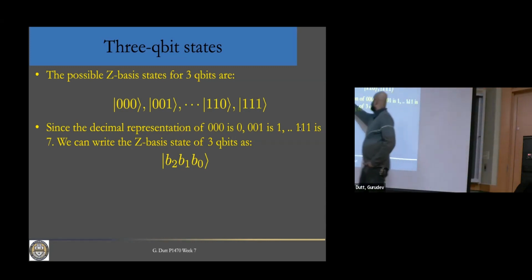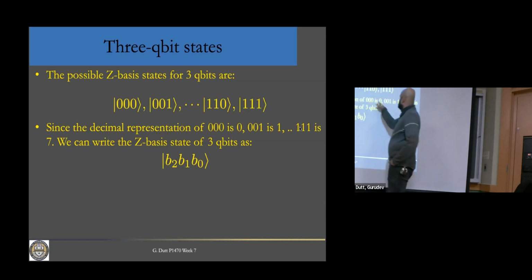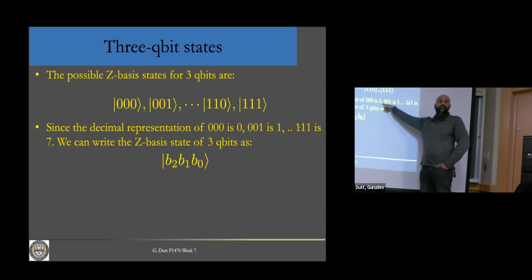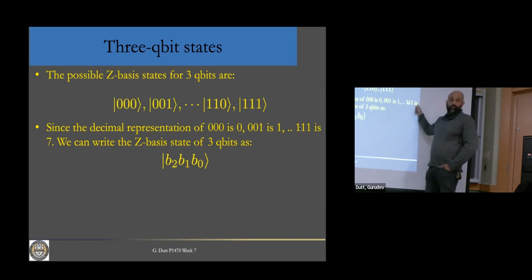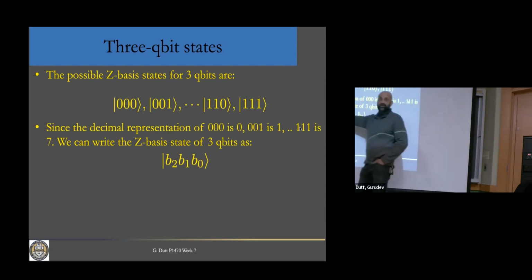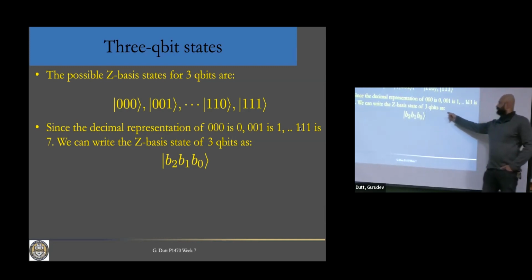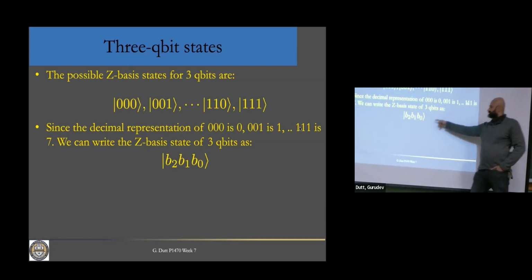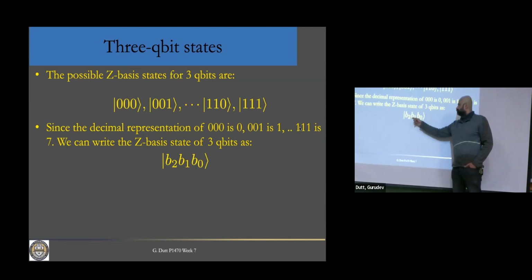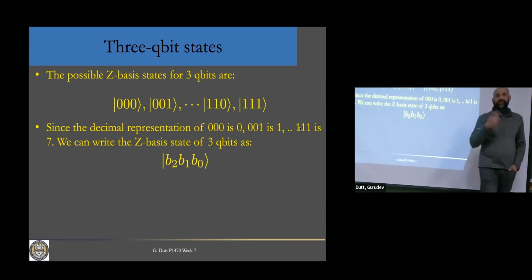We know that the binary string 0, 0, 0 represents the decimal number 0, 0, 0, 1 represents the decimal number 1, and 1, 1, 1 represents the decimal number 7. So we can write the Z basis state of 3 qubits as ket B2, B1, B0, where B2, B1, and B0 are binary digits. So they can only be 0 or 1.